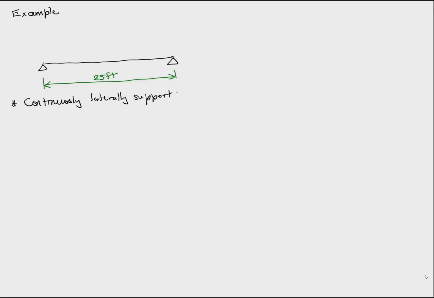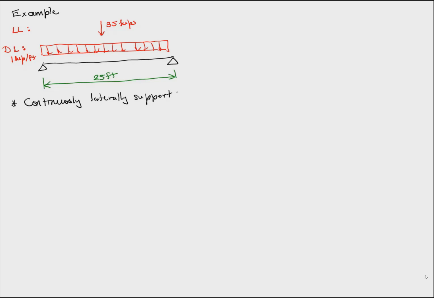And the dead load consists of a uniformly distributed load of 1 kip per foot. So the dead load is 1 kip per foot. And the live load is simply a point load of 35 kips at midspan. This is the live load.